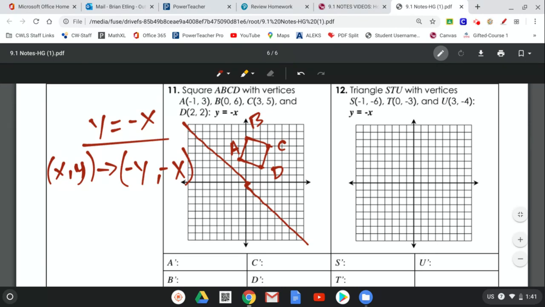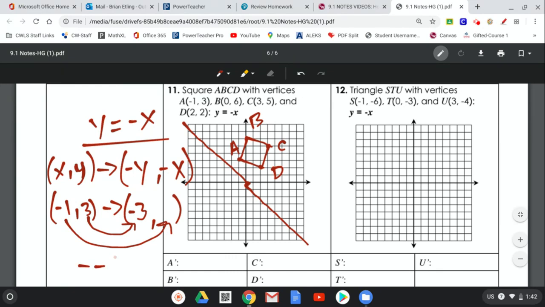So let's look at A there. A is at negative 1, 3, okay? And we want to see what happens after we do this. So that 3 is going to come in here and become our x coordinate. And we're going to change the sign. We're going to make it a negative. We went from a positive to a negative. Now that negative 1 comes right here. But think about it like this, and I'm going to write it beneath it.